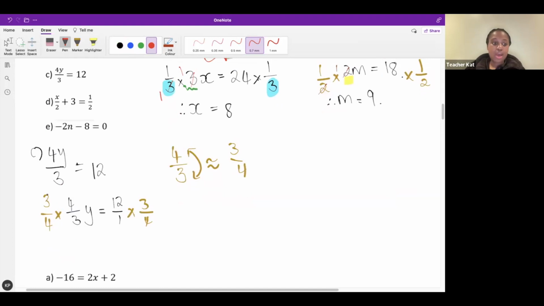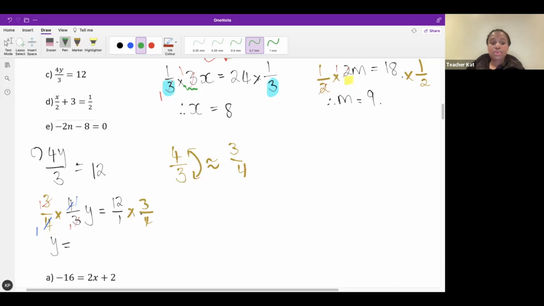Can you see that? 3 goes into itself how many times? Once, and 4 goes into itself once. So what is left on my left-hand side? Y, just y, equals. Now, let's solve the predicament here on the right-hand side.